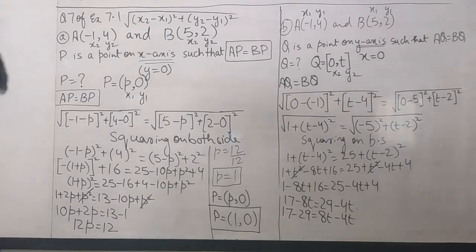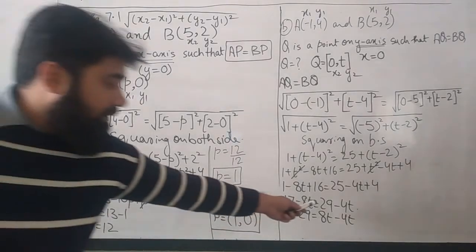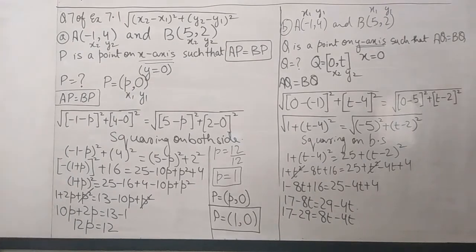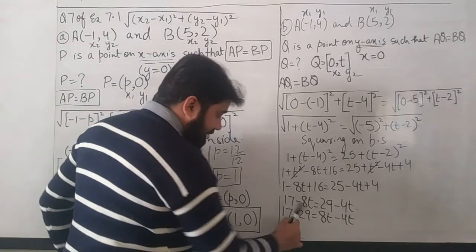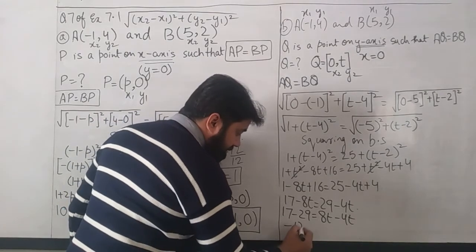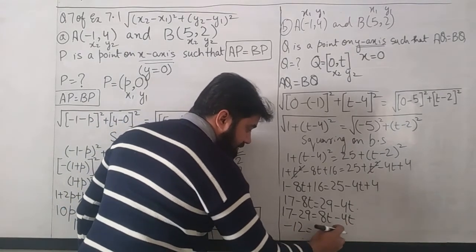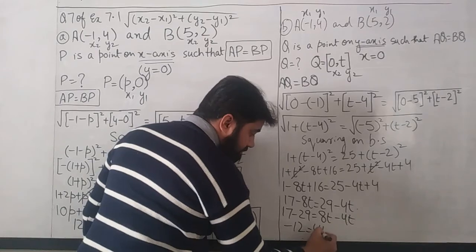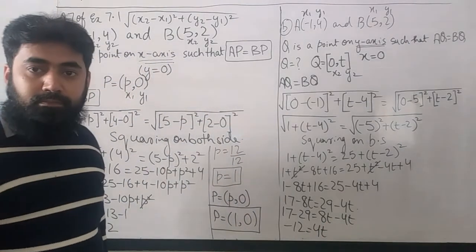Okay, 17 minus 29, 8t minus 4t. What I have done is just shift constant values on one side and t values on the other side, so I can simplify easily. Okay, so after that 17 minus 29 will be minus 12, 8t minus 4t will be positive 4t, right?